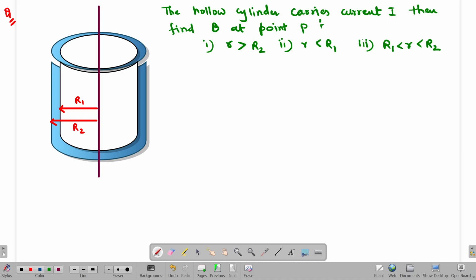Small r is the distance of the point, horizontal.